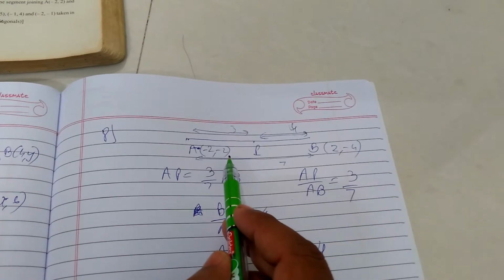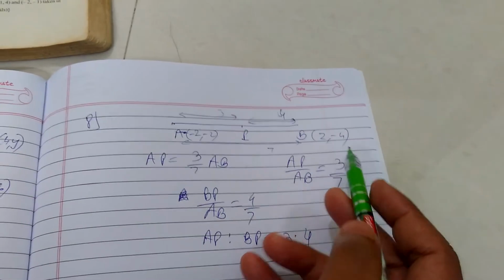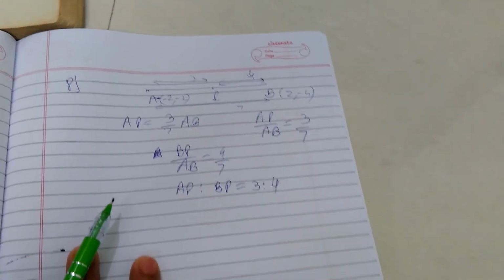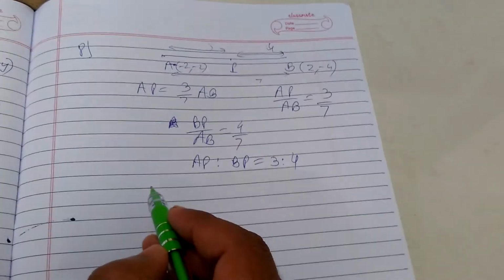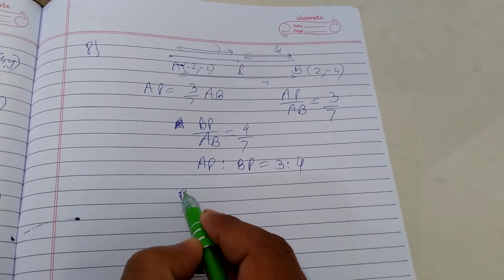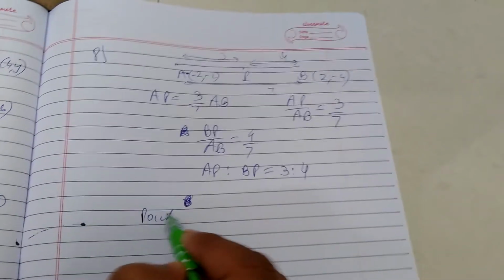We get here the ratio AP is to BP equals 3:4. The coordinates of point A are (-2, -2) and the coordinates of point B are (2, -4). To find the coordinates of point P, we use the section formula.